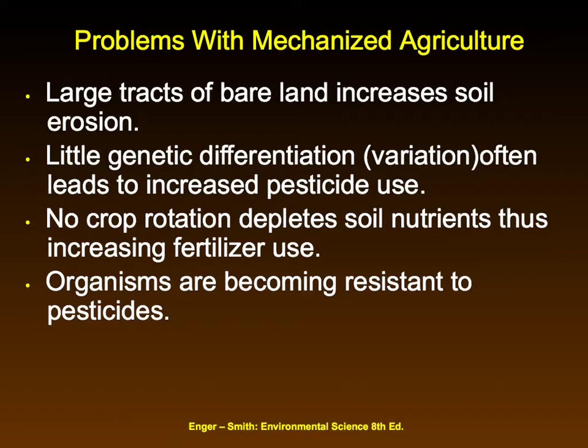So we see an increase in pesticide use, an increase in fertilizer use, and organisms are becoming resistant to pesticides. It's not like, poof, I need to be resistant. Instead, those that are not resistant die off, and what's left are the resistant ones that are able to reproduce. So over time, we're changing those organisms that are pests.